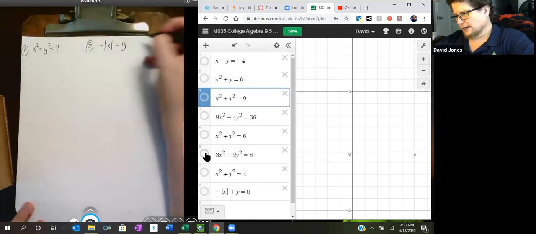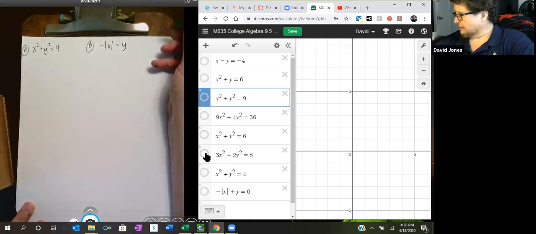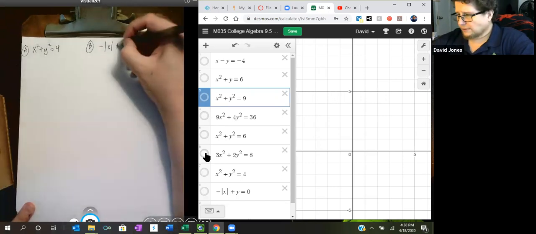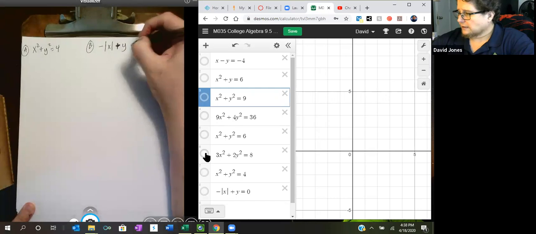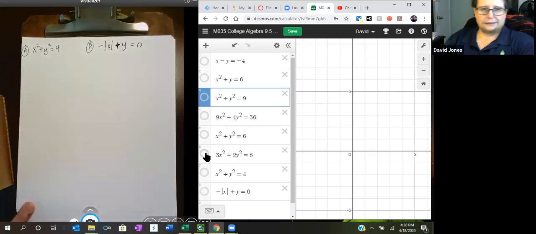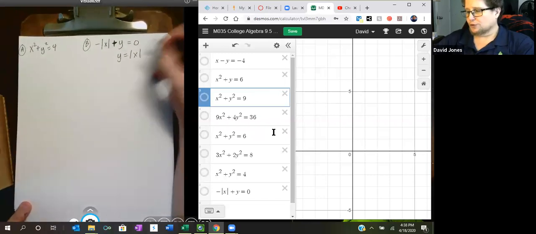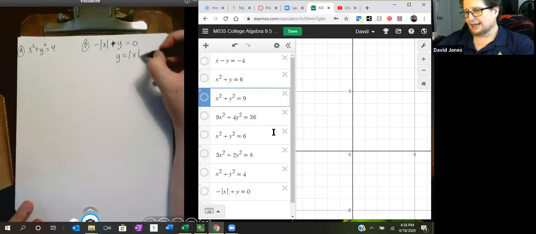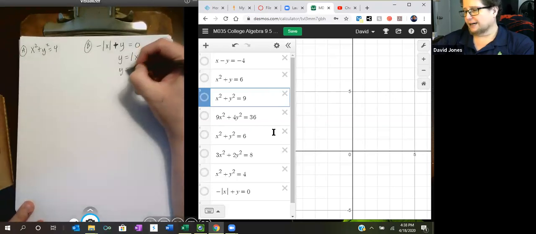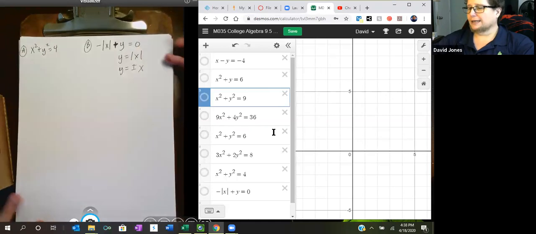So if I solve that, I add the absolute value over, I get y equals absolute value of x, which means when you take it out of the absolute value, it becomes plus or minus x.